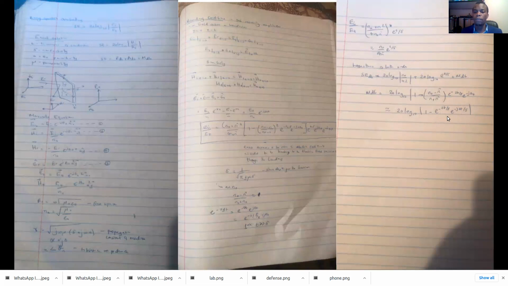It's a long one, but the key things to understand, I just want to simplify this for somebody who is maybe rusty in vectors. You have to know that the magnetic field and the electric field, from basic electromagnetic theory, we know that they are at 90 degrees, or they are perpendicular to each other.